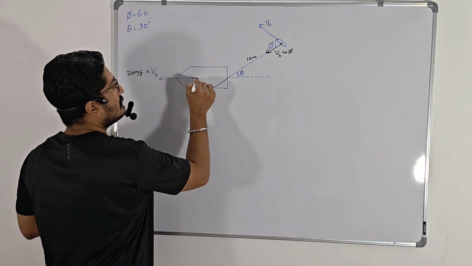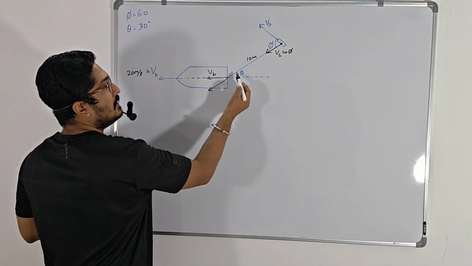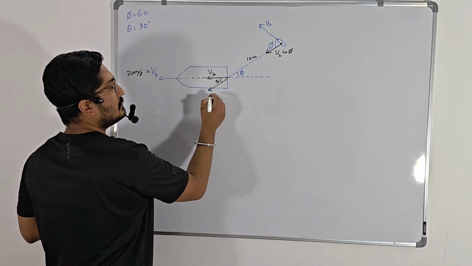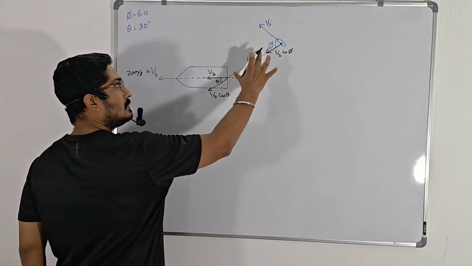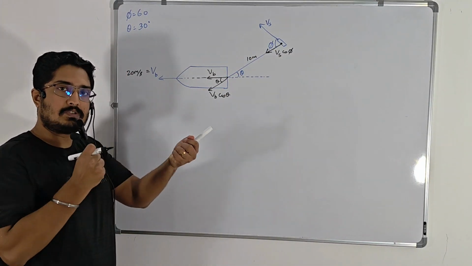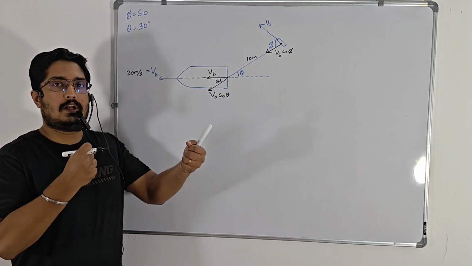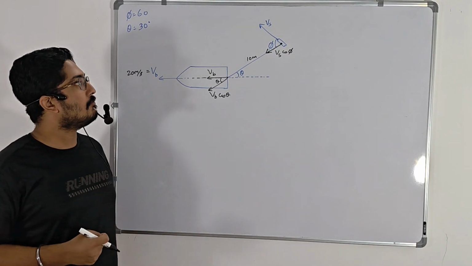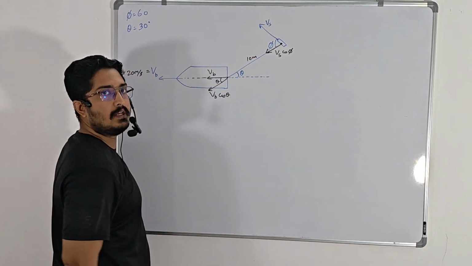If this is theta, then this component should be Vb cos theta. Now for the rope to remain in a taut condition, not extended, but in a tight condition, these two values of velocity should definitely be equal.